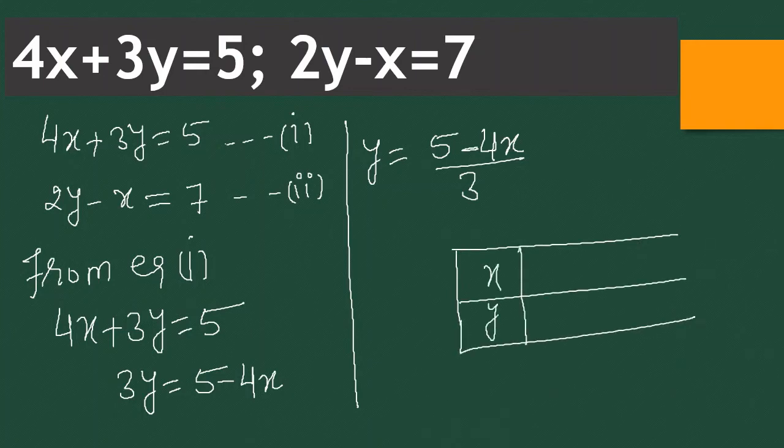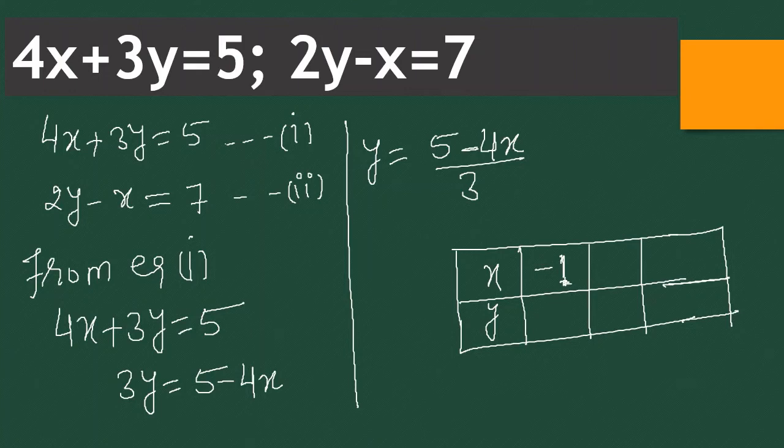I think you understood how to calculate the value at fast speed. Suppose I am taking the first value of x as minus 1. Think about this and keep in your mind: 4 into minus 1 is minus 4, plus 5, that means minus 4 plus 5, so 9 upon 3. So 3. I hope you understood how to calculate the value directly.